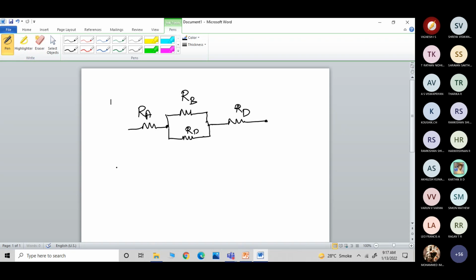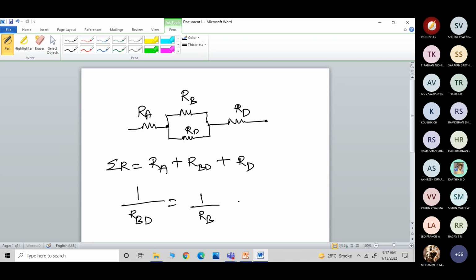Now we know that the total sigma R is equal to RA plus R suffix BD plus R suffix D. Is it visible, students? Yes, sir. And we know that, especially for this particular circuit, 1 by RBD is equal to 1 by RB plus 1 by RD.